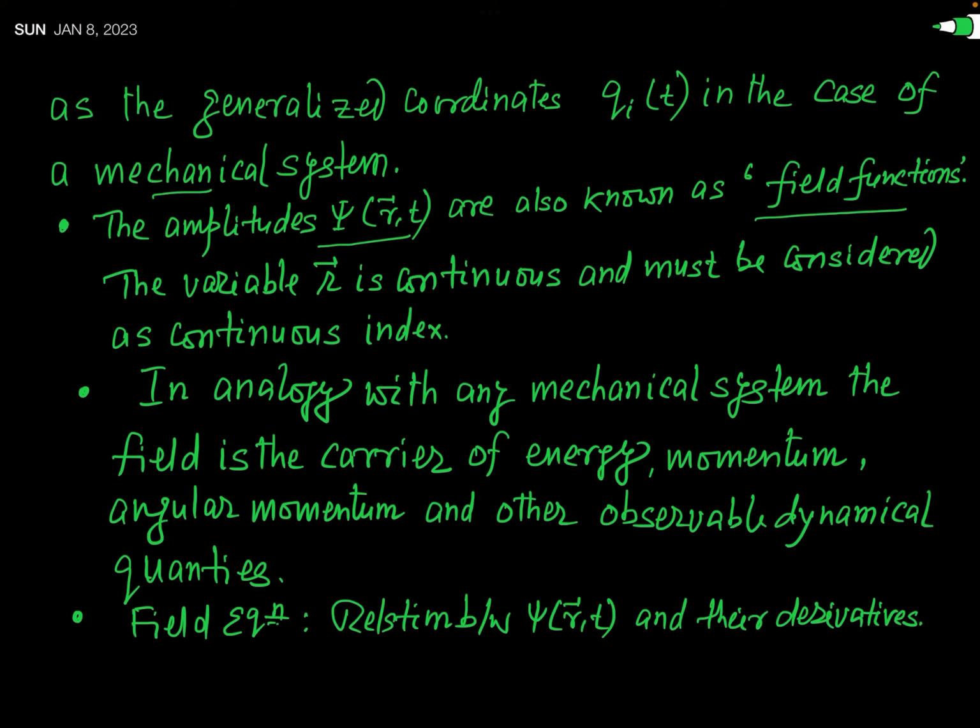So if n is the number of these psi for a field, then the degree of freedom of the system of that field will be n. But as I have told you, n will tend towards infinity, because in case of a field, the degree of freedom is simply equal to infinity.